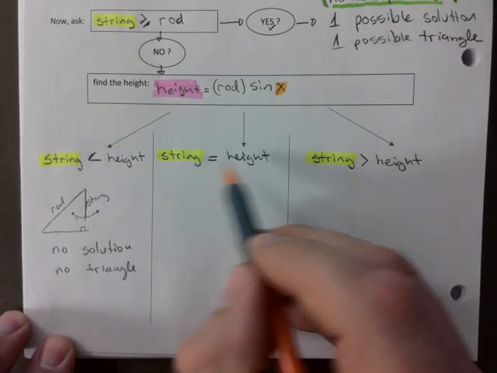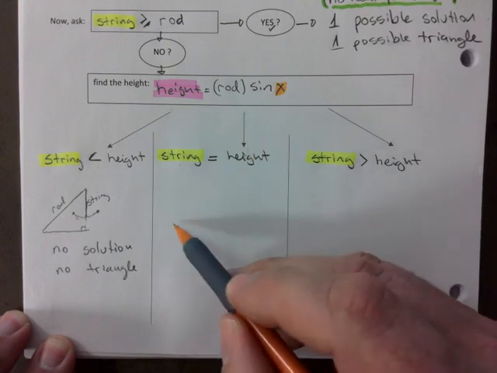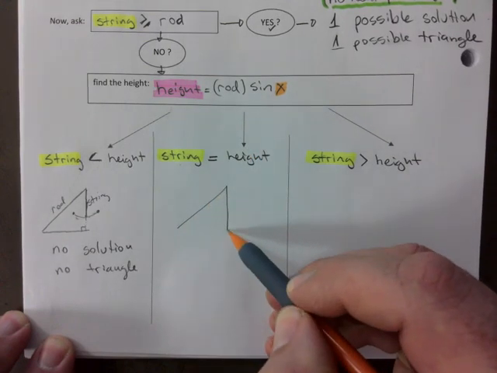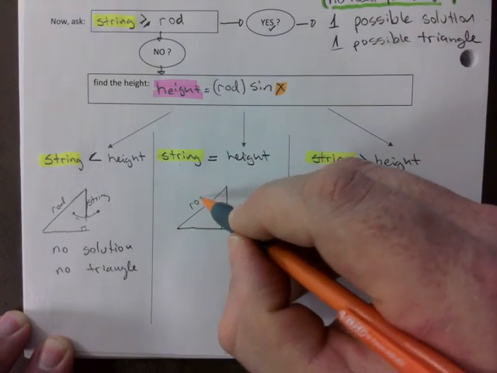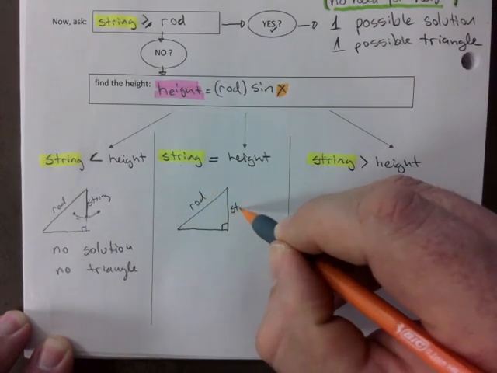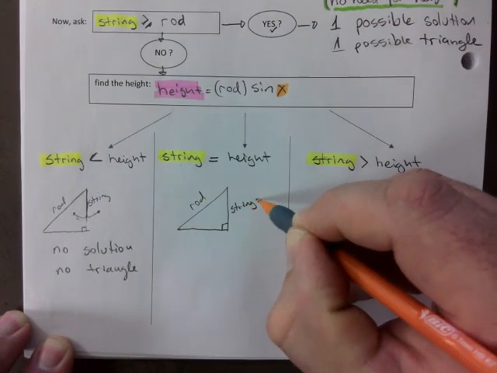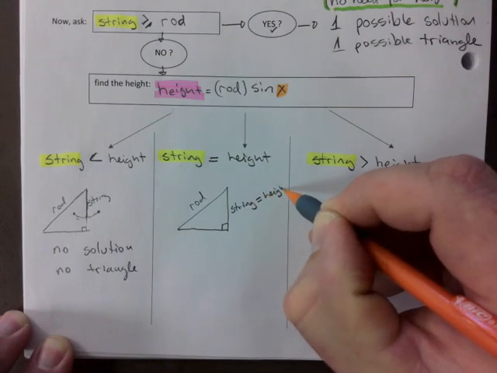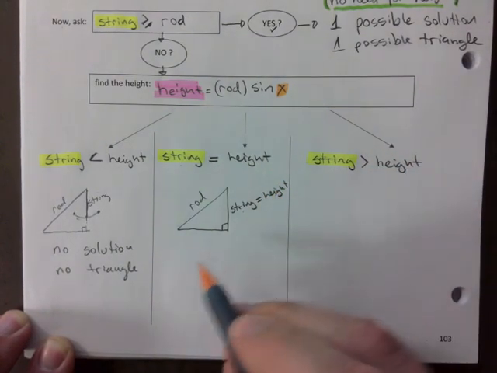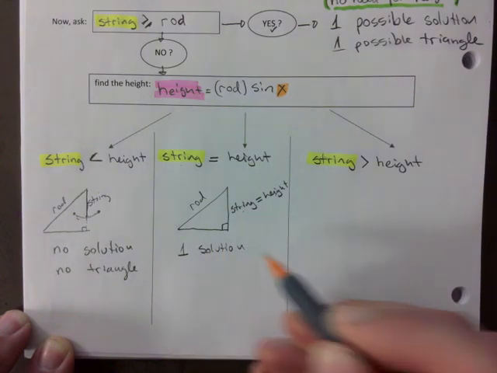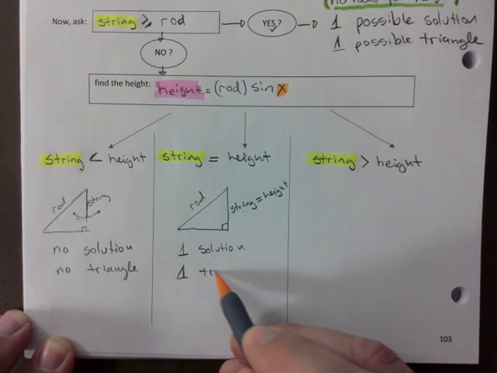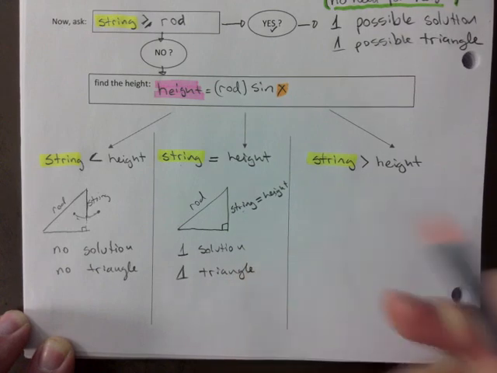And then if the string is exactly equal to the height, you have exactly one triangle. Okay, this is the rod. This is the string, which is equal to the height. String. So you have one solution, one triangle. But what kind of triangle in particular?